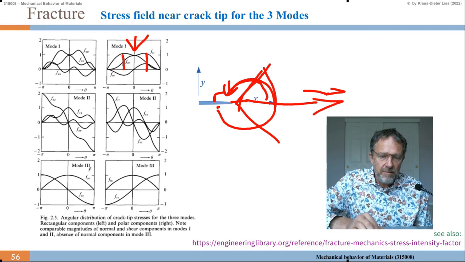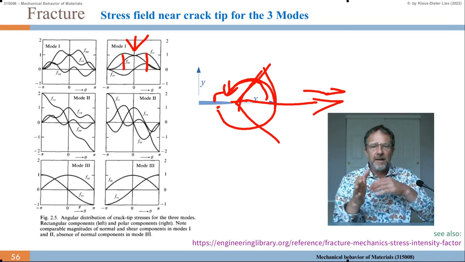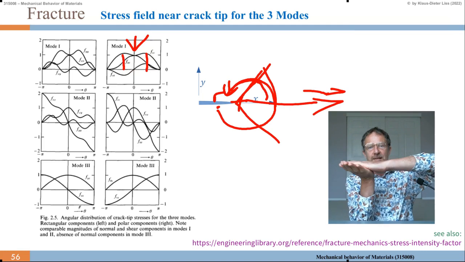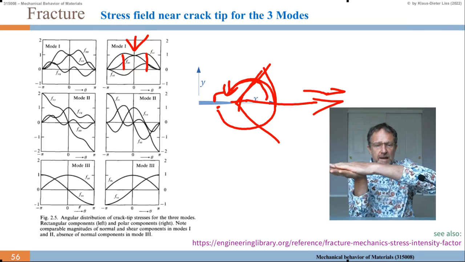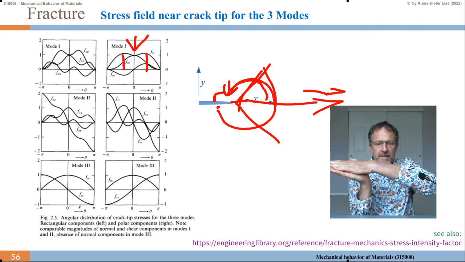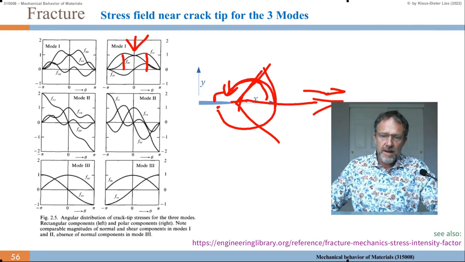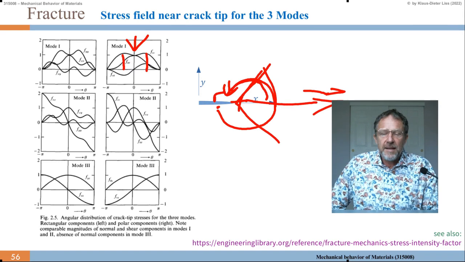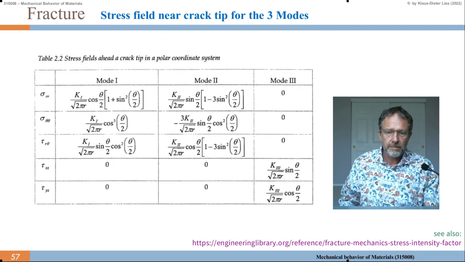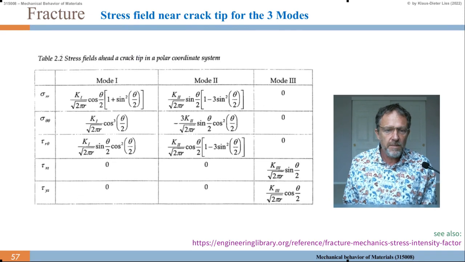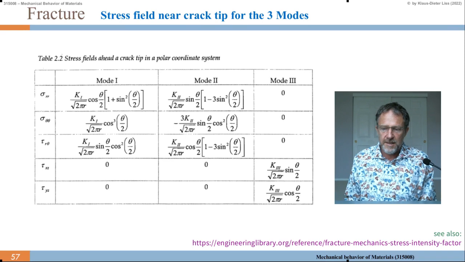We only have Fxz and Fyz. This is because if we shear like this, we only shear between the x and the z. So we always get a z component, while the shear in the xy component is symmetric and therefore becomes 0. Again, this is resumed here: stress fields ahead of a crack tip in polar coordinate system.